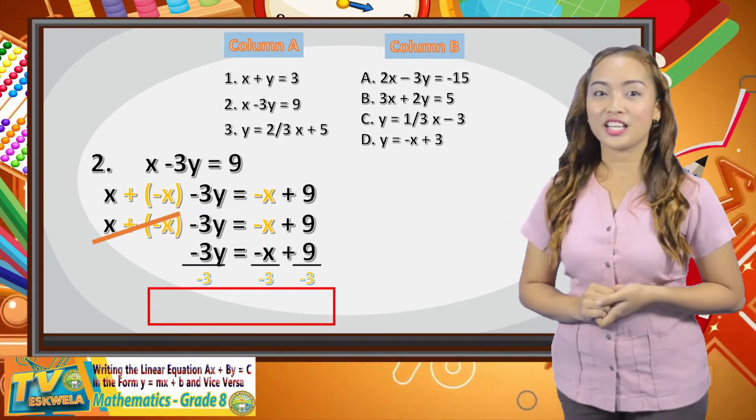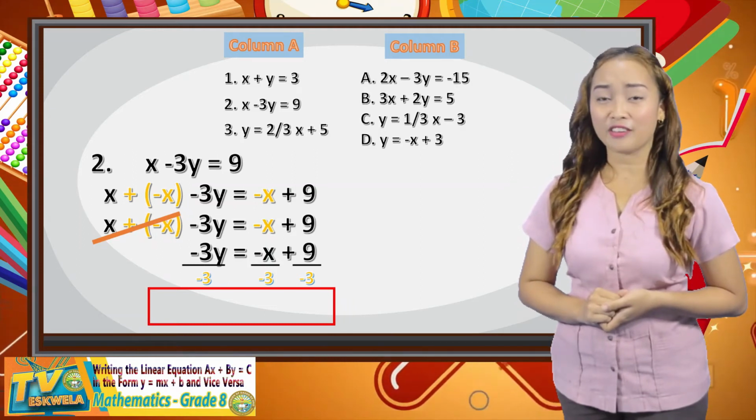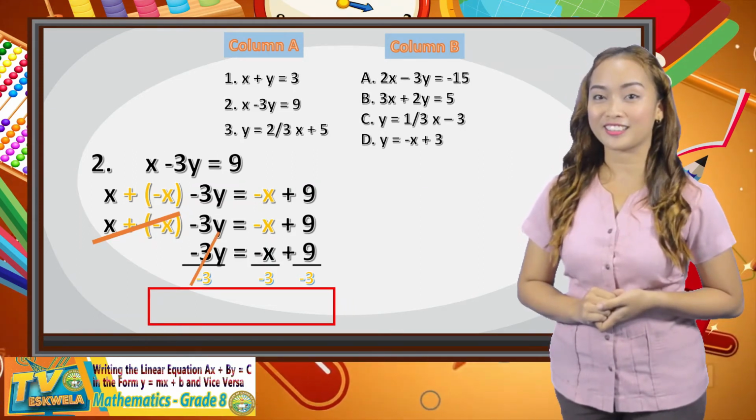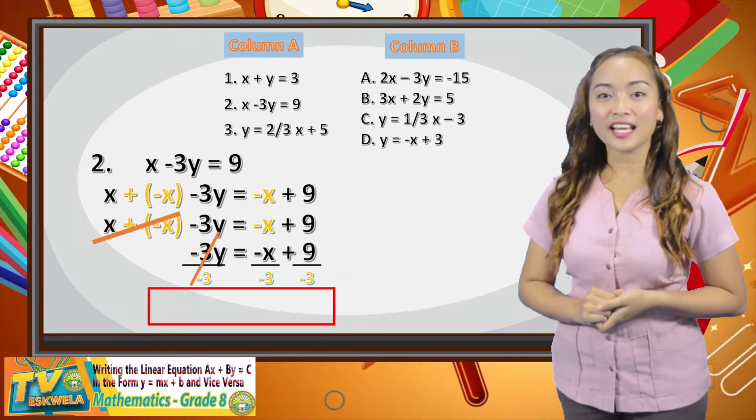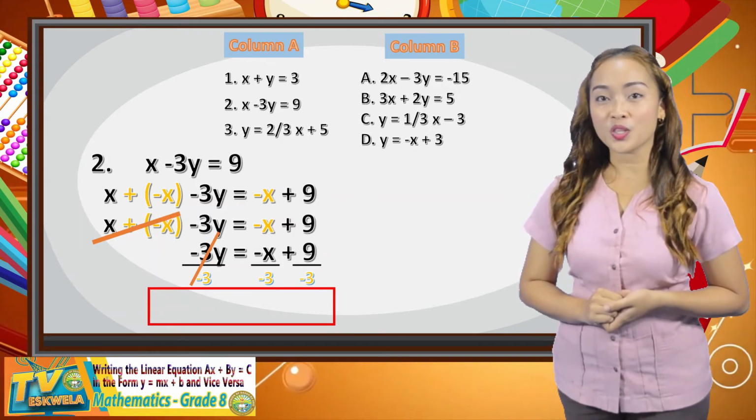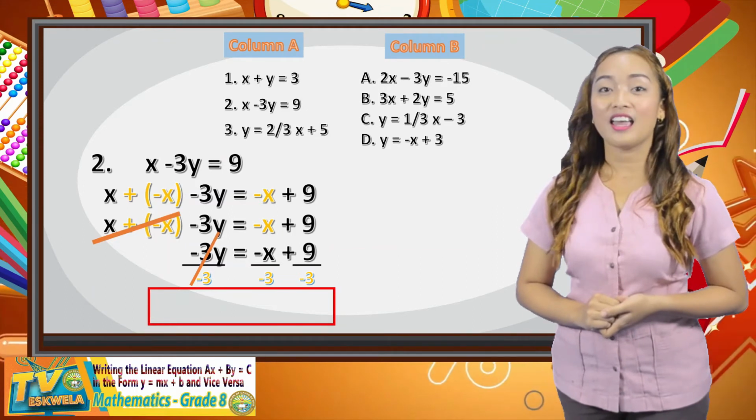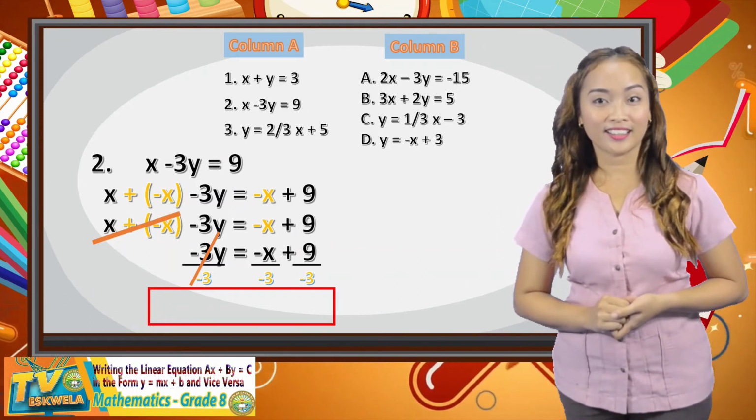Notice that y still has its numerical coefficient. To eliminate this one, divide each term in both sides by negative 3.